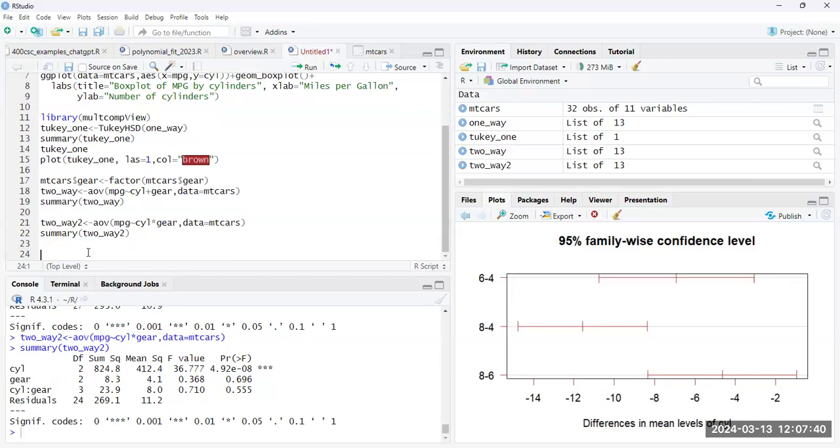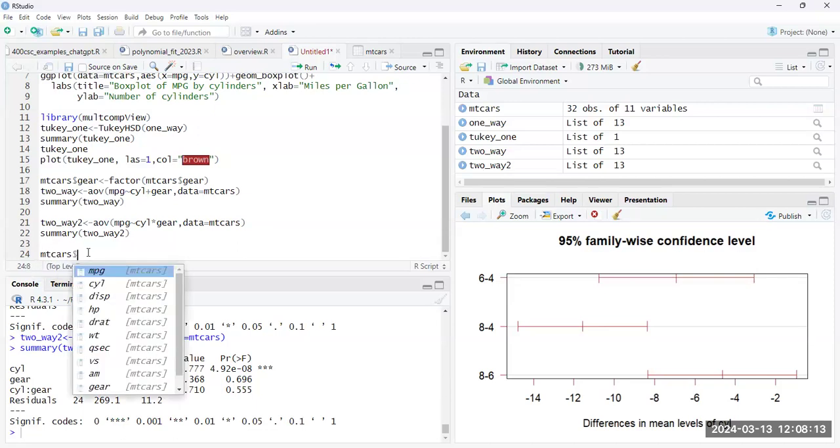We can also continue adding more variables for analysis. So for instance, we could have a three-way ANOVA or n-way ANOVA by simply including additional variables. For instance, we could add the carb variable and the AM variable, and then since we know that cylinders is statistically significant, we could see how these interact with, let's say, the gears. So let's convert our variables into factors.